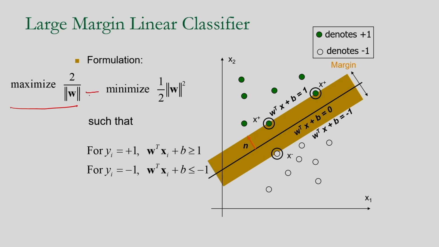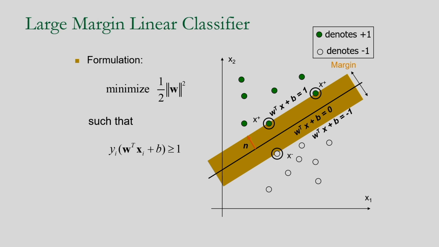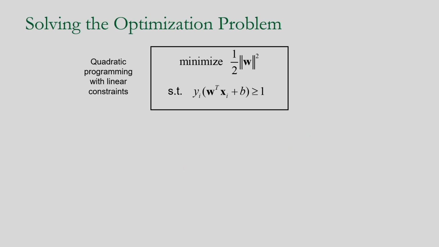Maximizing 2 divided by the W norm is equivalent to minimizing 1 by 2 W norm whole square, such that these two conditions are satisfied. So I have to minimize this subject to these conditions. This is an optimization problem.